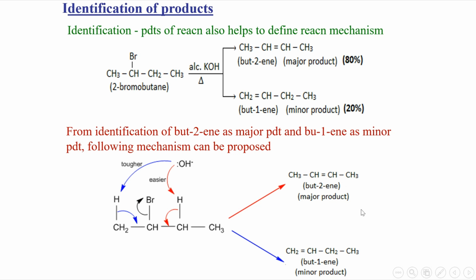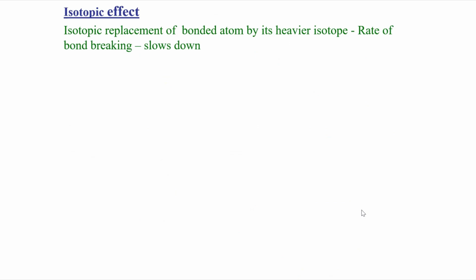This is another method to determine the mechanism of the reaction. We also use the isotopic effect. What is this isotopic effect? We replace the bonded atoms by a heavier isotope. When I replace it by a heavier isotope, what happens?